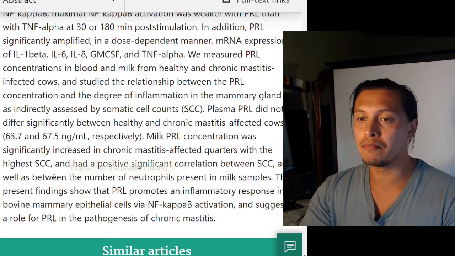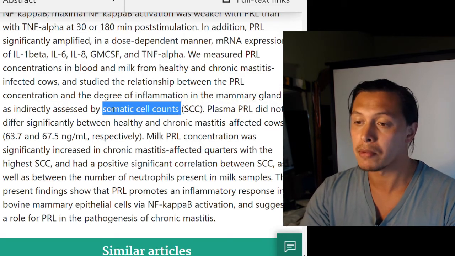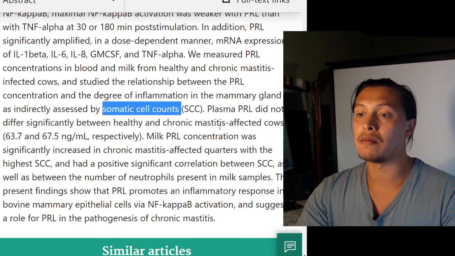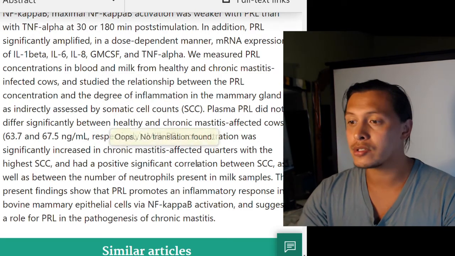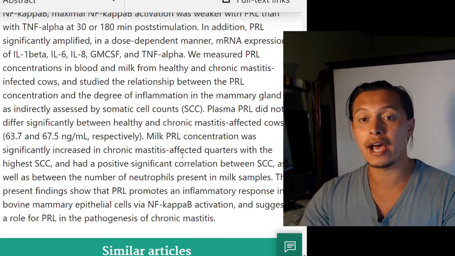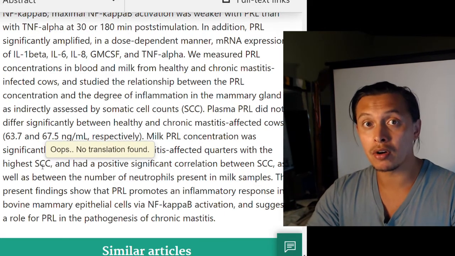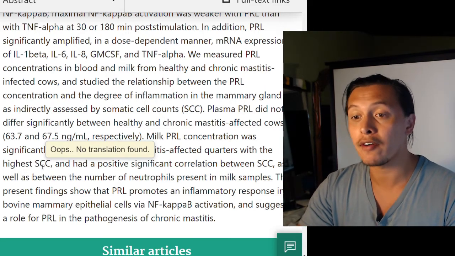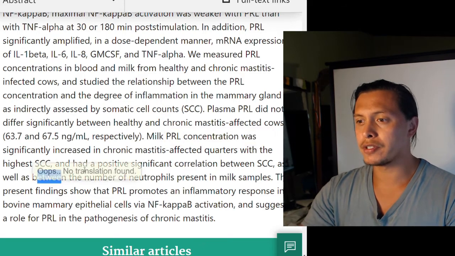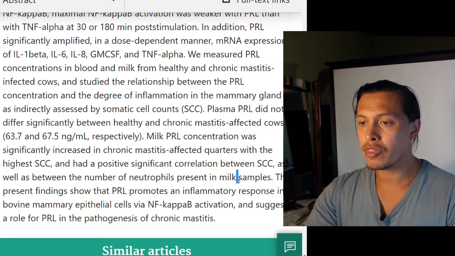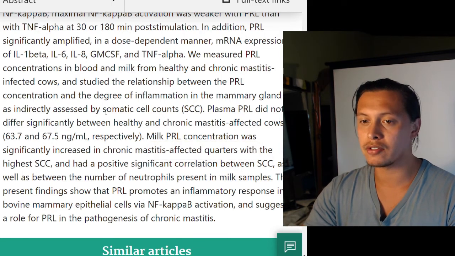So I would presume that the somatic cell counts would be measuring the white blood cells that were present in the milk, and they're saying that milk prolactin concentration was significantly increased in the sick cows, and they also had a lot of neutrophils in the milk of those that are suffering from this chronic mastitis. So maybe this somatic cell count is not regarding the neutrophils.